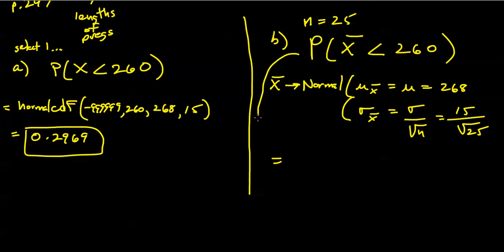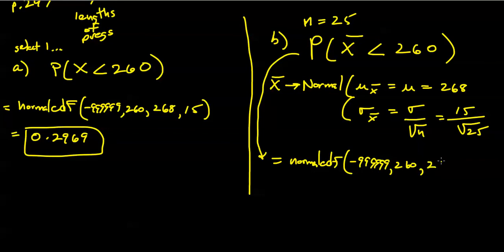This can be computed with my normal CDF command. Less than 260 means between negative infinity and positive 260, so I'll put those in as my lower and upper bound respectively.